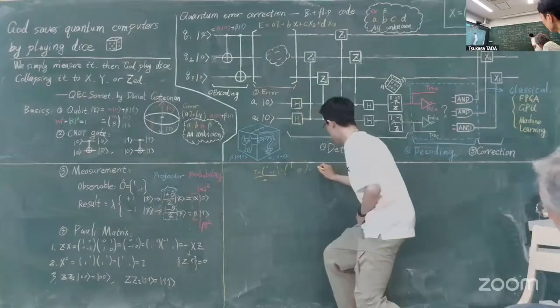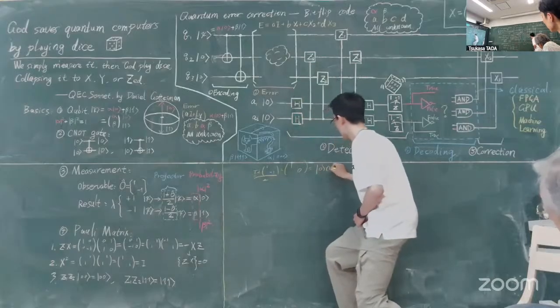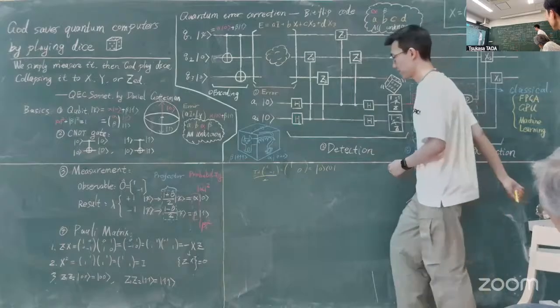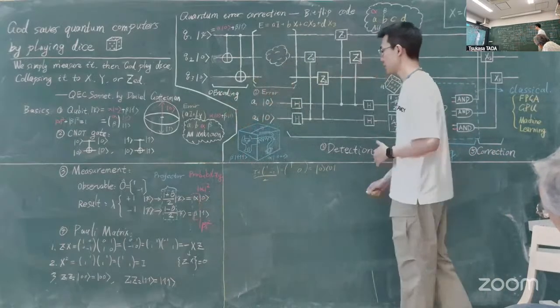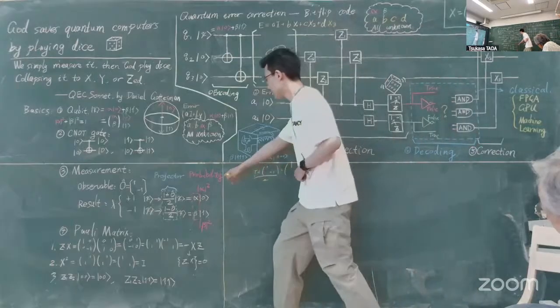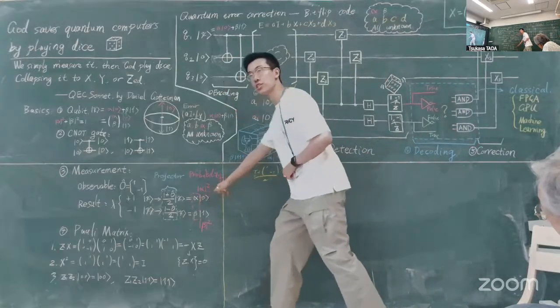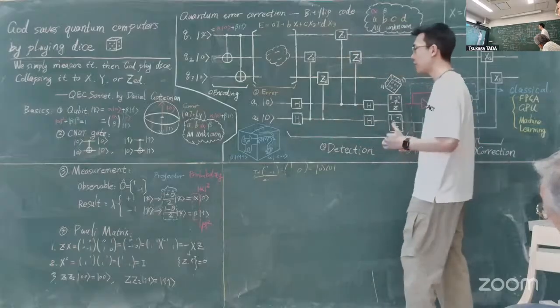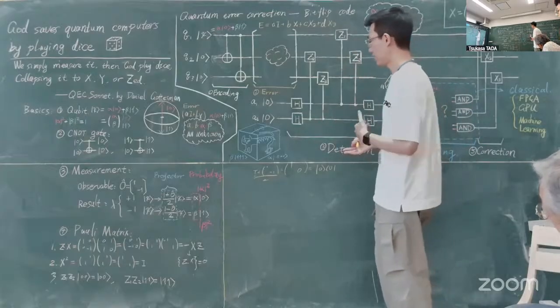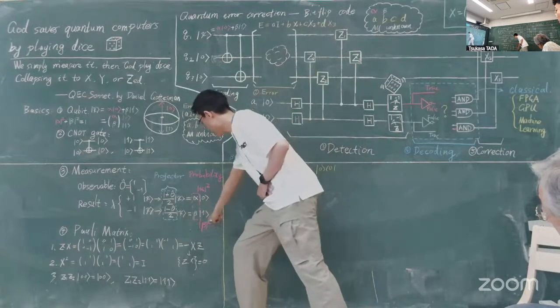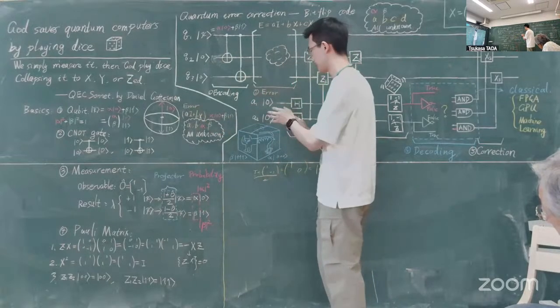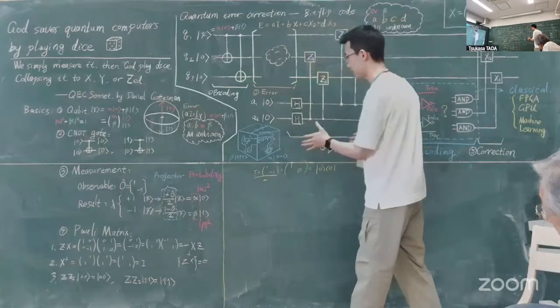This is the projector of the 0 state, so it will collapse the quantum state to alpha times 0. If we square this alpha, the coefficient denotes the probability of obtaining this quantum state. Also, if we square beta, it is a probability.